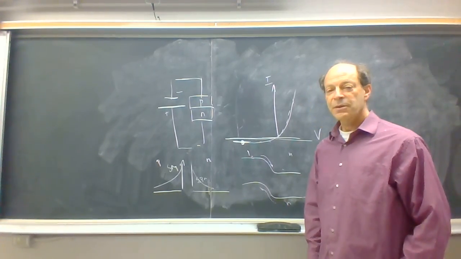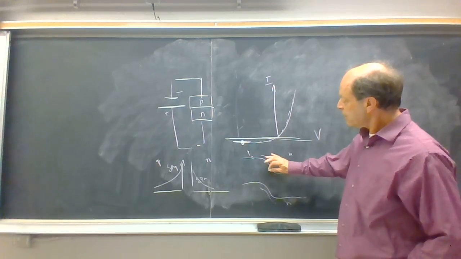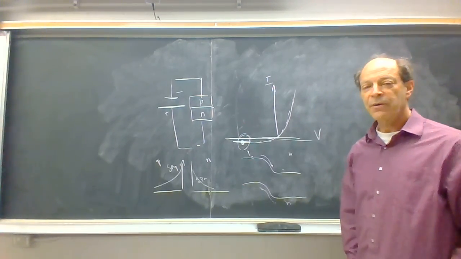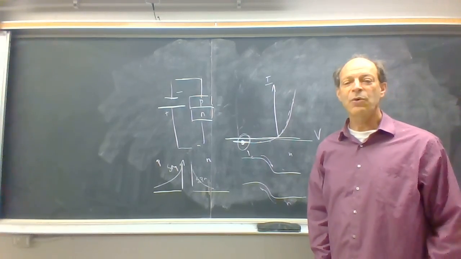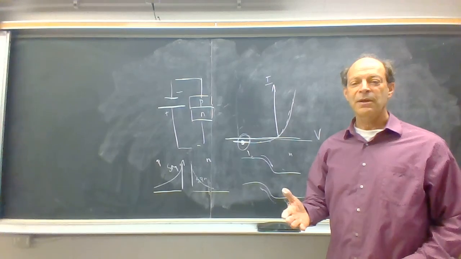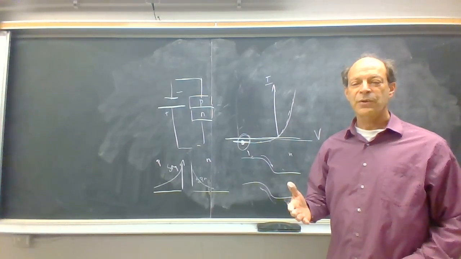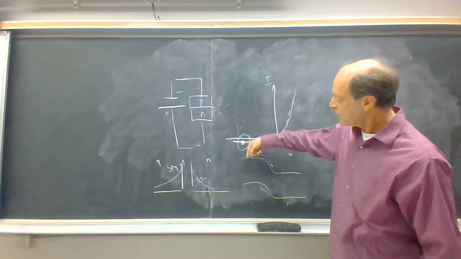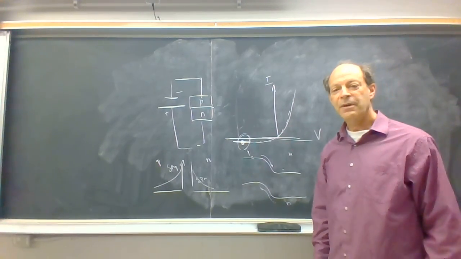So here's the challenge. If we want to change the reverse saturation current, which is usually really small, we can do it with light. In a solar cell, light causes electron hole pair generation, which increases that reverse saturation current.